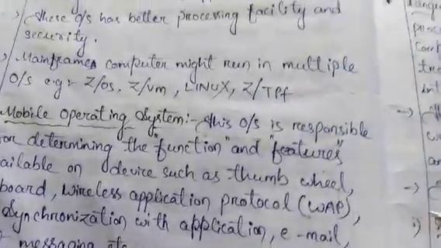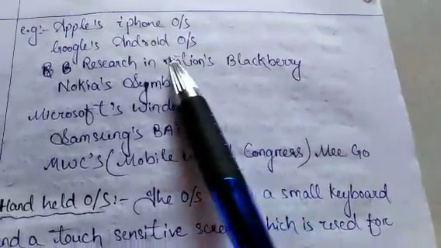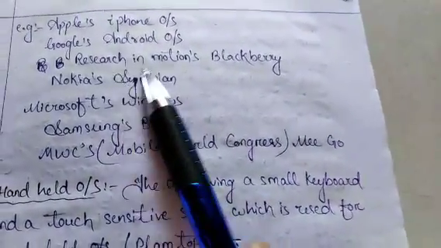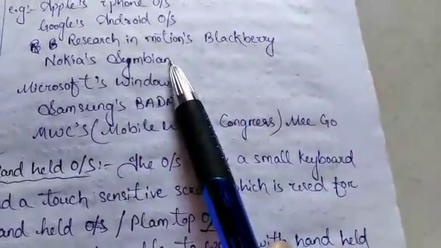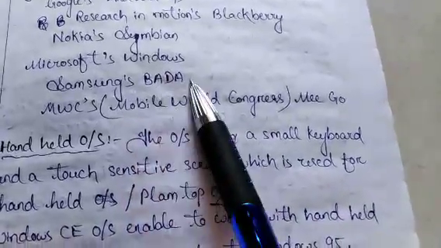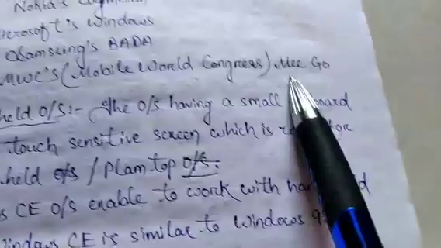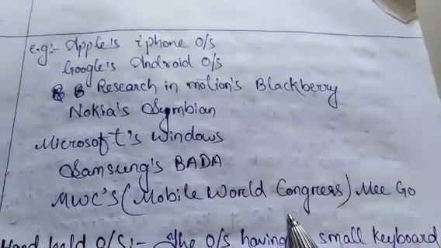Mobile operating systems we are using include Apple's iPhone operating system, Google's Android operating system, Research In Motion's BlackBerry, Nokia's Symbian operating system, Microsoft's Windows operating system, Samsung's Bada operating system, and Mobile World Congress's MeeGo. So there are many types of mobile operating systems that we are using.